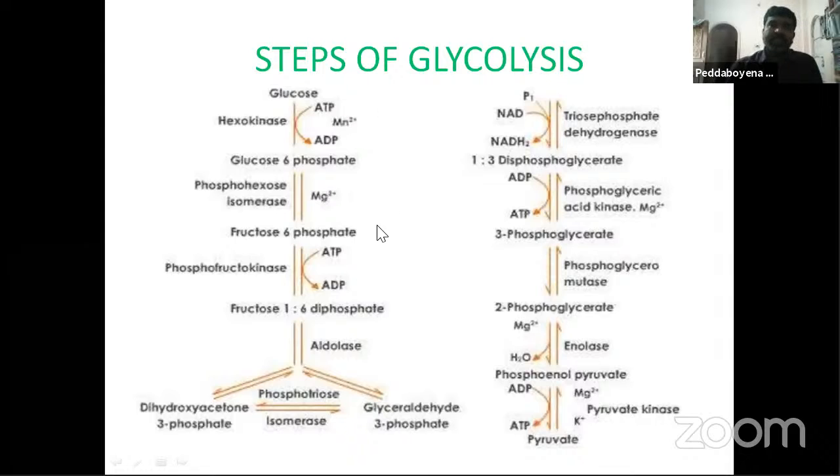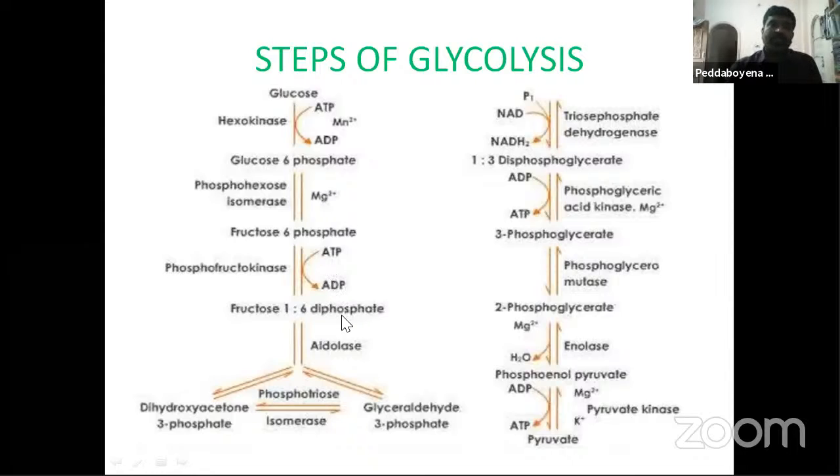So two ATPs are consumed in these two reactions. Both are phosphorylations, in which ATP acts as the phosphate donor to the substrate.